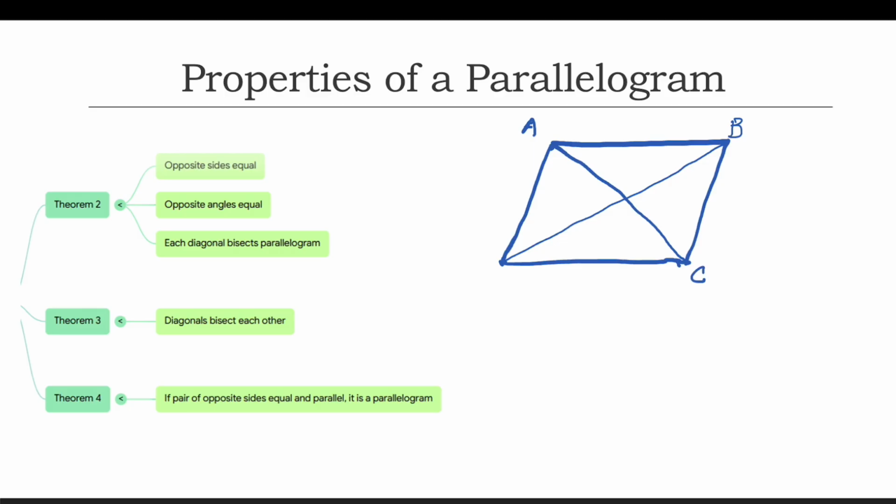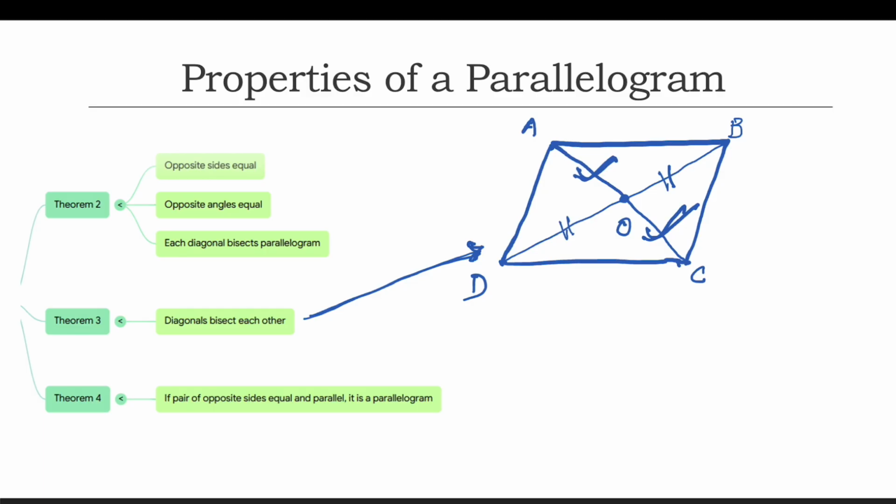A, B, C, D. They intersect each other at, let's say, point O. So in a parallelogram, OD will be equal to OB by default, and AO will be equal to OC by default. So three properties: opposite sides of the parallelogram are equal, opposite angles are equal, and the diagonals bisect each other.